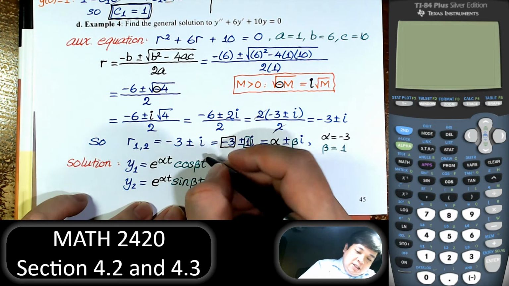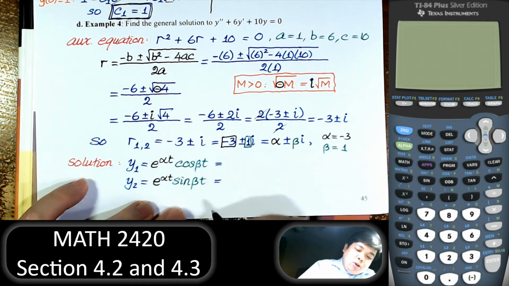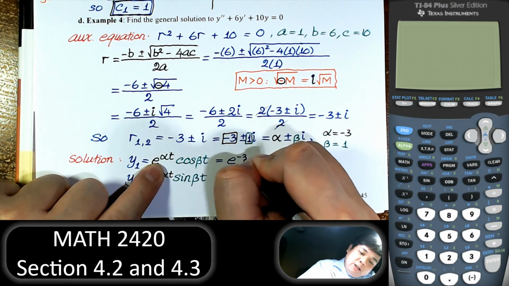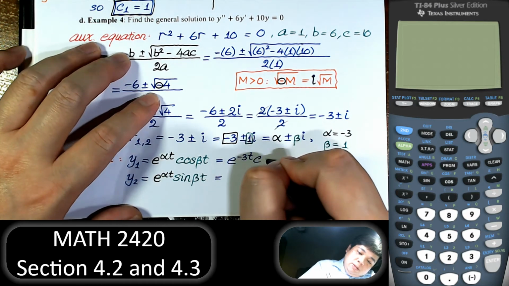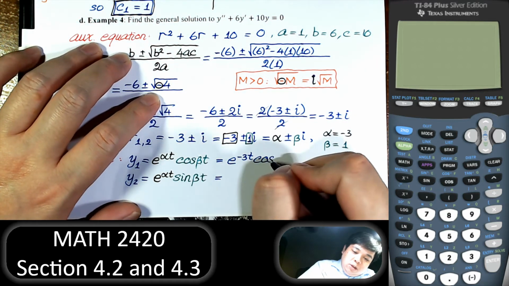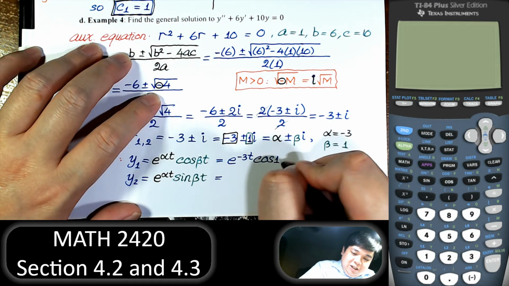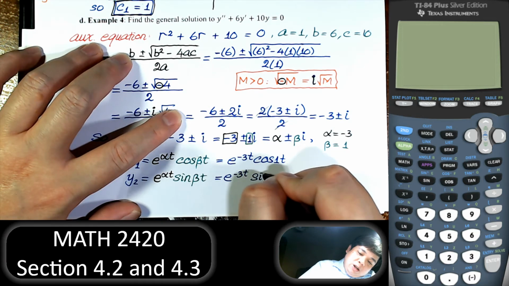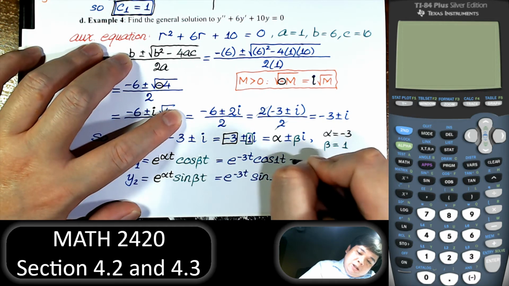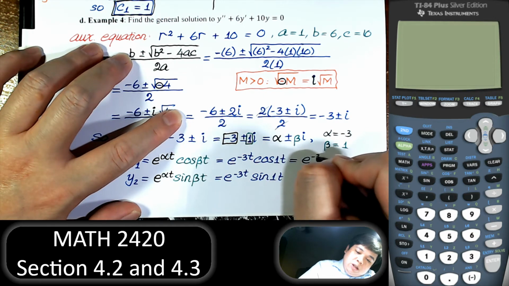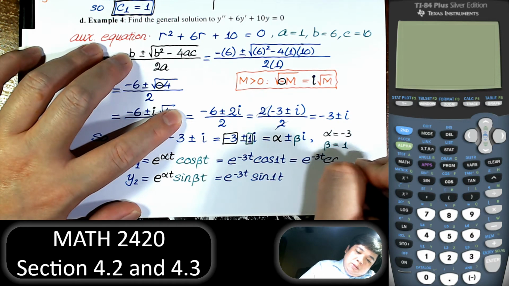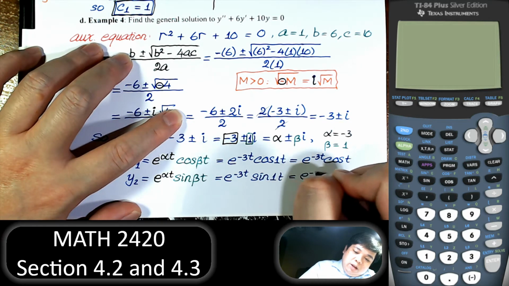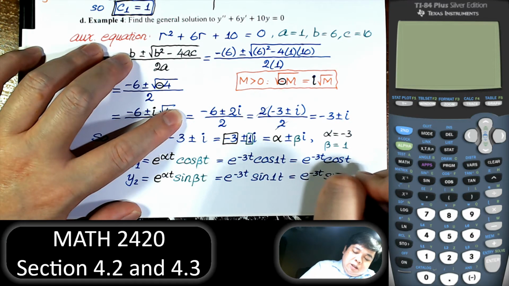Now put in the numbers, negative 3 for alpha: e to negative 3t cosine of 1t, e to negative 3t sine of 1t. So e to negative 3t cosine t, e to negative 3t sine t.